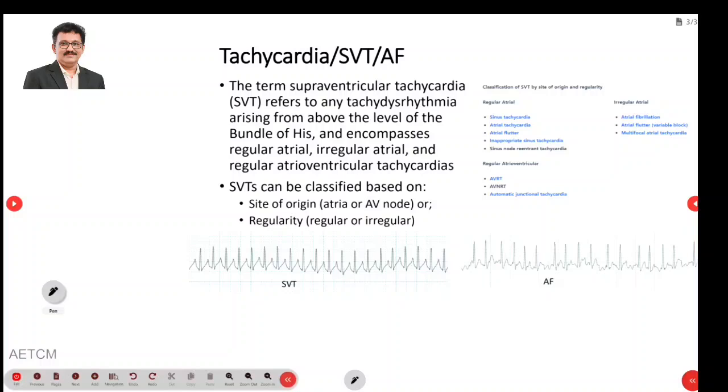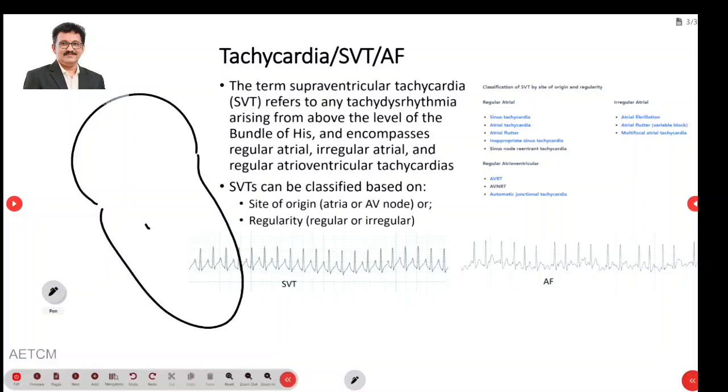Now sometimes we will get sinus tachycardia. Sinus tachycardia means you have a P wave, you have a PR interval, you have a QRS complex, the RR interval is regular but the heart rate is fast. SVT, I will draw like this. This is the ventricle, this is the atrium. SA node to AV node conduction is like this.